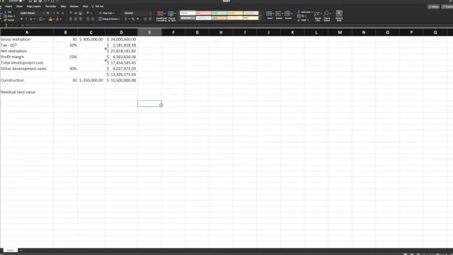So from our total development cost of 17 million and a bit, we've taken off our other development costs of 7.5 million and come up with 13. Now we're going to take off our construction cost and come up with a number. So I'm just going to put an underline in here.